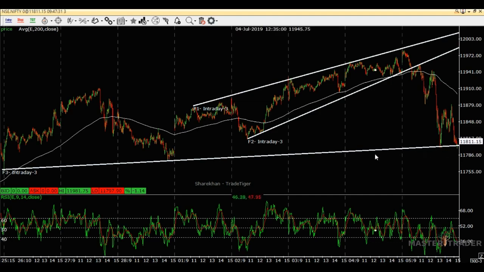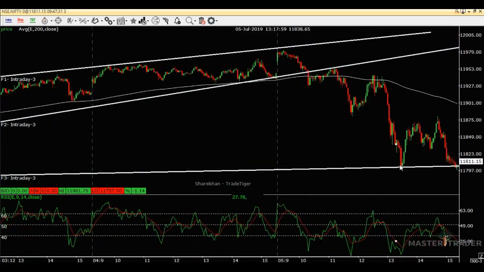Okay, so I would have looked to enter again here, guys. I would have looked to enter near these levels, 11,800, maybe kept a 20-point stop loss, and you get a good 70-80 point bounce till here, right?